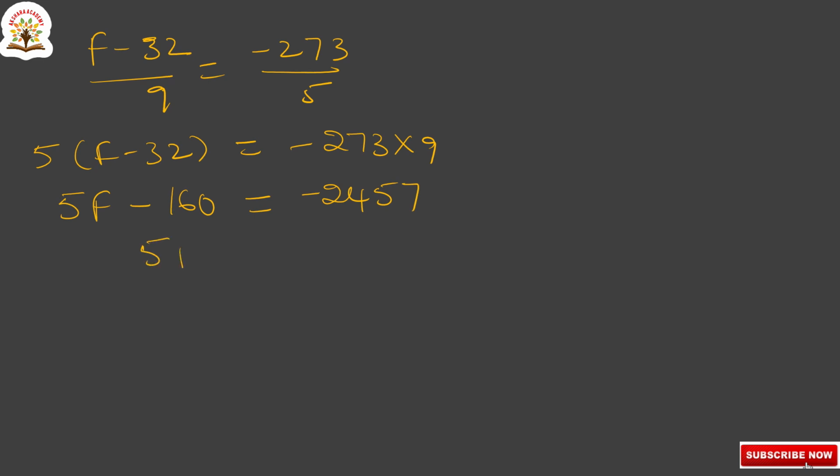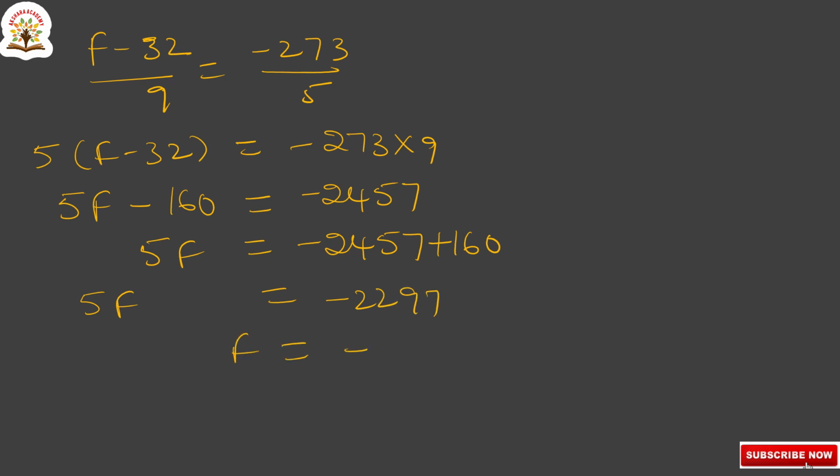So 5F is equals to minus 2457 minus 160 becomes plus 160. So 5F is equals to minus 2297. So F is equals to minus 2297 by 5.